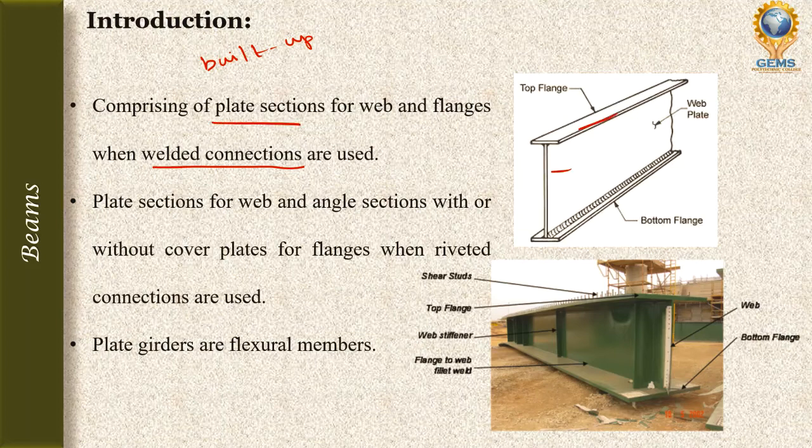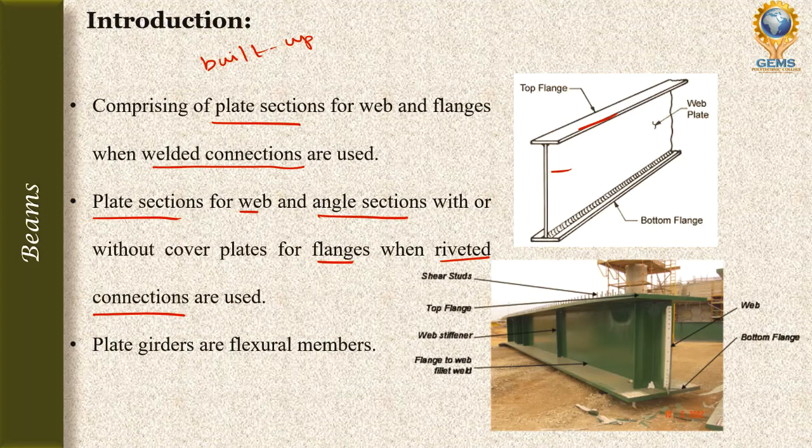If you are going to connect your plate girder with a riveted connection, then your web will have plate section and your flanges will have angle sections with or without cover plate. So in a welded connection, both web and flanges will have plate section, whereas in the riveted connection, web will have plate section and flanges will have angle sections with or without cover plate.